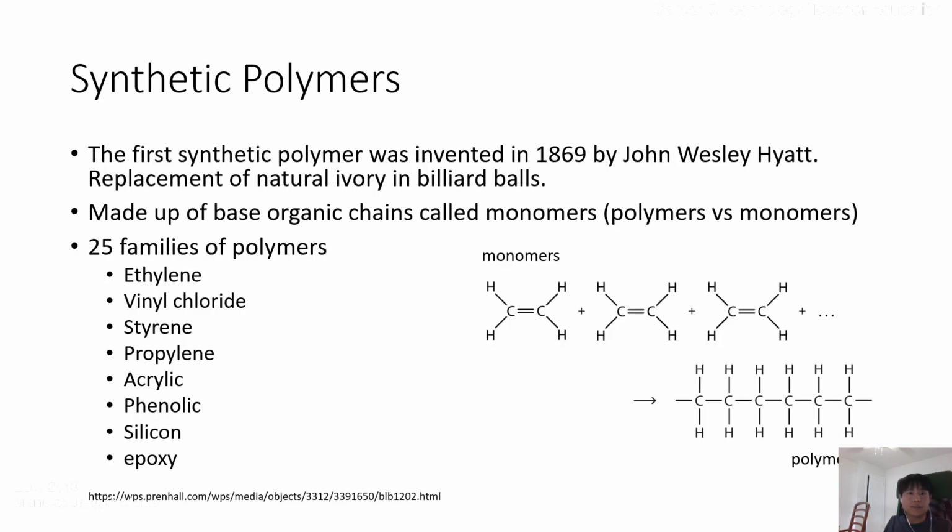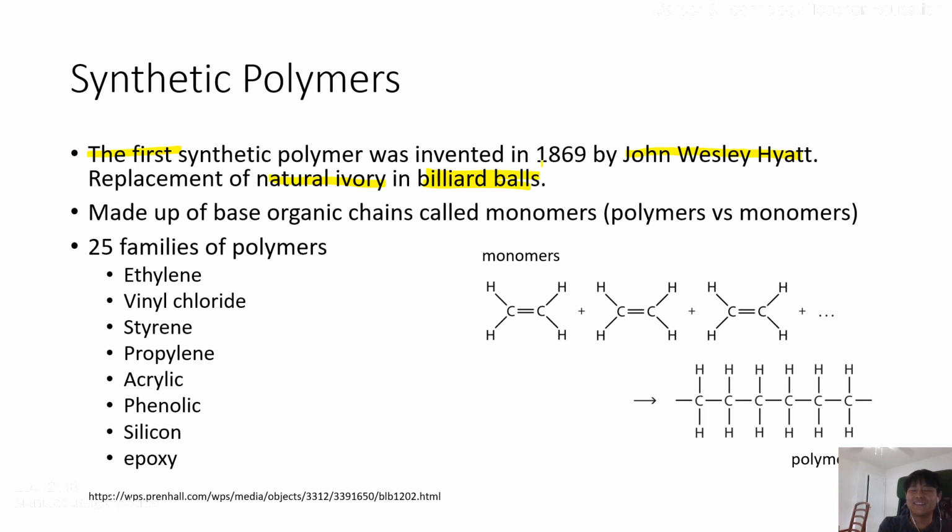All right, and then synthetic polymer. We call plastic a synthetic polymer, first invented by John Wesley Hyatt to replace the natural ivory in billiard balls. Humans are brutal, right?